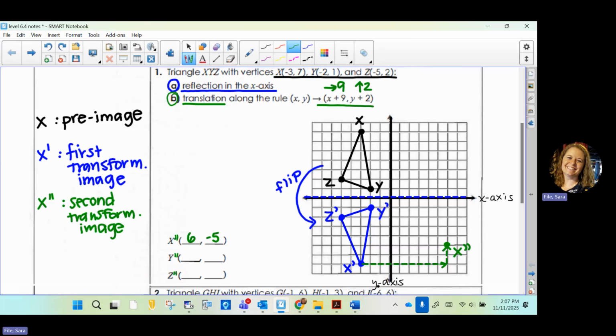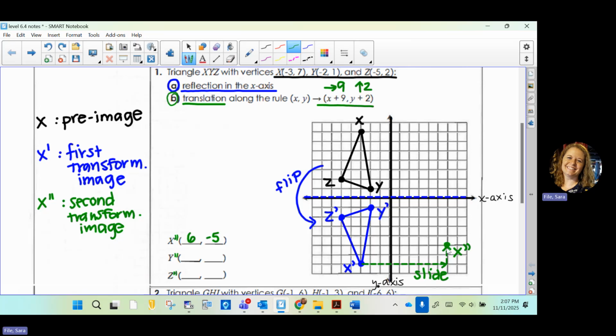Now you've got options. You can do the same thing with Z and Y and go over 9, up 2, over 9, up 2. Or once you have one of your points shifted, you need to slide the others or look at the distance from X to Z and Y and just count that distance from the new X. So for instance, to get to Z from X, I could go left 2, up 5.